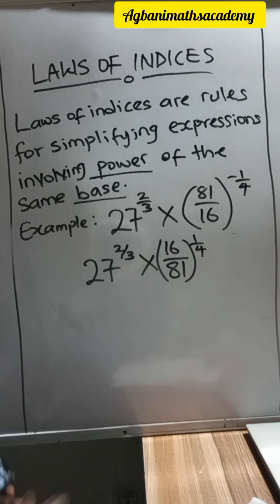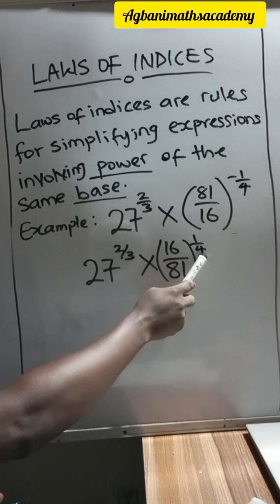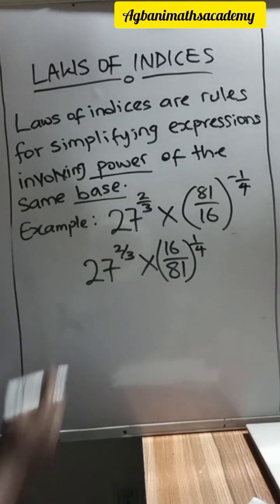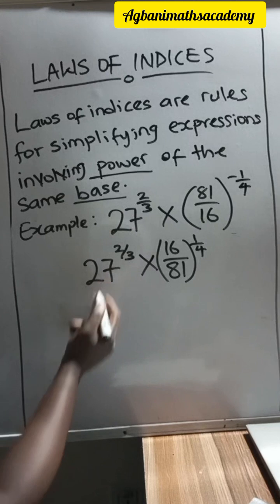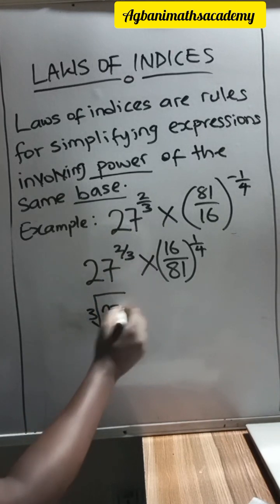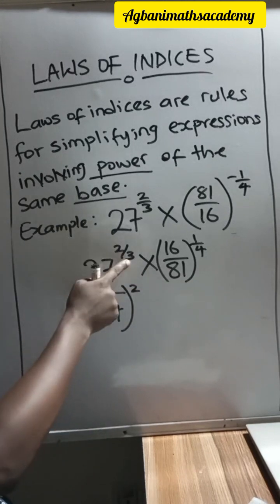So in this situation, our root here is 4. The root means we find a number that multiplies itself 4 times to give you any of these. So let's look at this. Here we have cube root of 27 to the power of 2. Remember, here 2 is the power and 3 is the root.